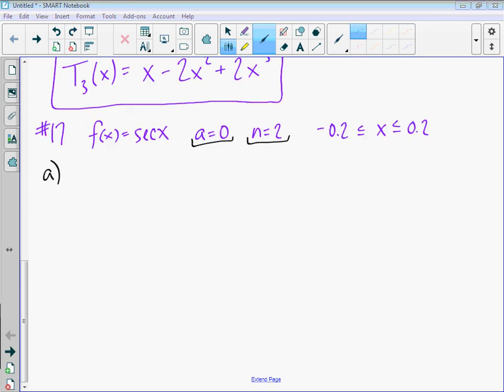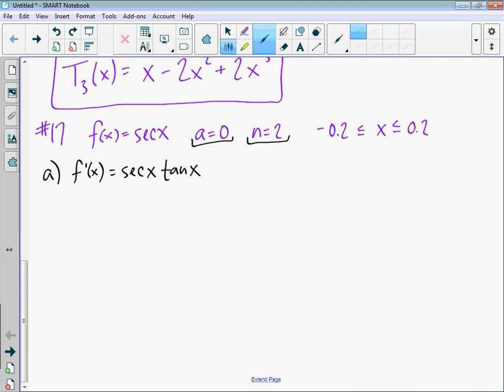Okay, so for 17, we're trying to come up with our Taylor polynomial. So we're going to have to get some derivatives here, I suppose, to come up with these. So our function is just this, our first derivative. What's the derivative of secant? Okay, and if you just have them memorized, it's secant x tangent x.